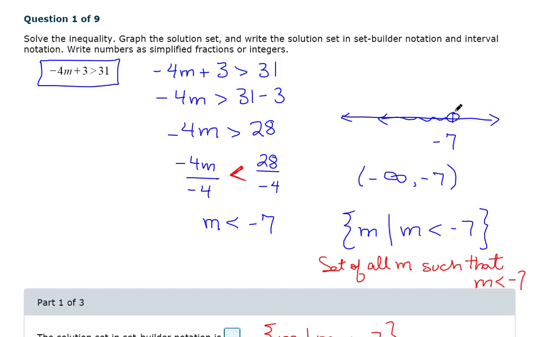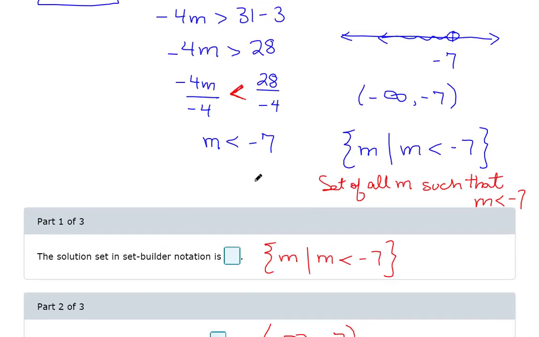So graphically, it's an open dot at minus 7, goes off to the left forever. Interval notation, minus infinity to minus 7. Infinities get parentheses, open dots, parentheses. And the last is what's called the set builder notation. It's just a fancy way of saying all the numbers m such that they are less than minus 7.